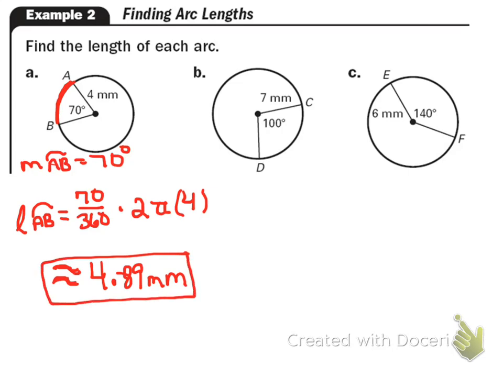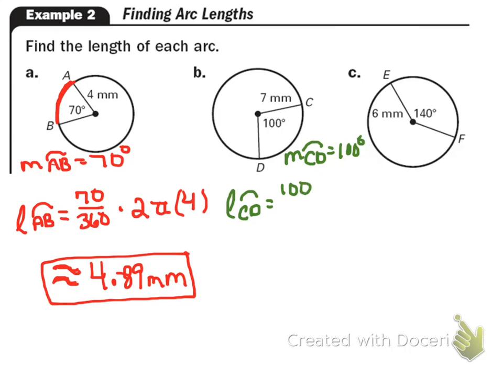Okay, let's look at circle B. Circle B, same thing. The measure of arc CD is 100 degrees. What we want to know is, what is the length of arc CD? The length of arc CD, remember, would be a fraction of the circumference.